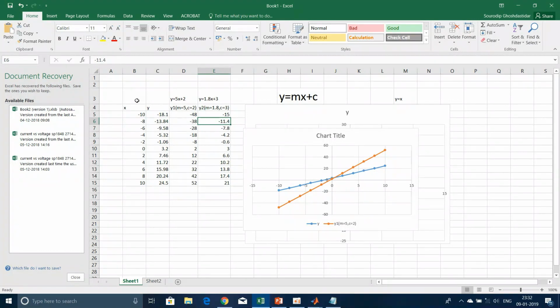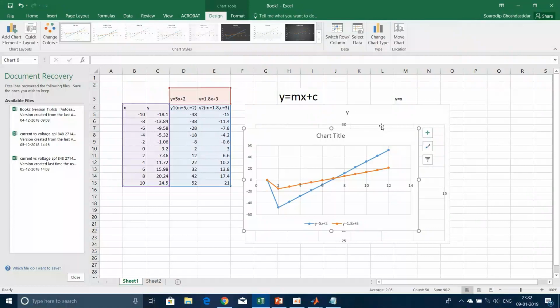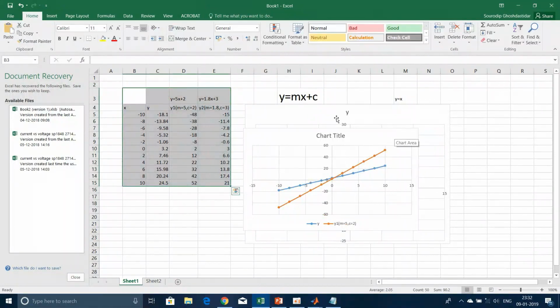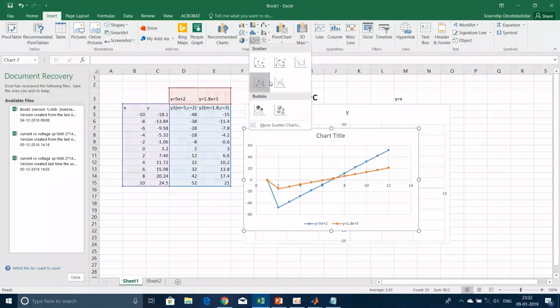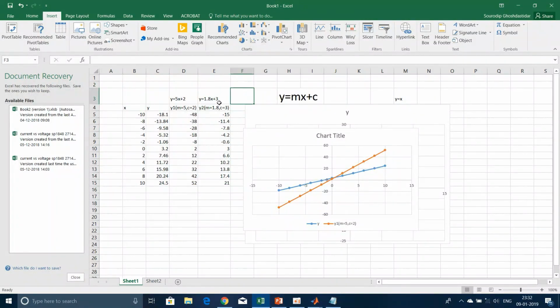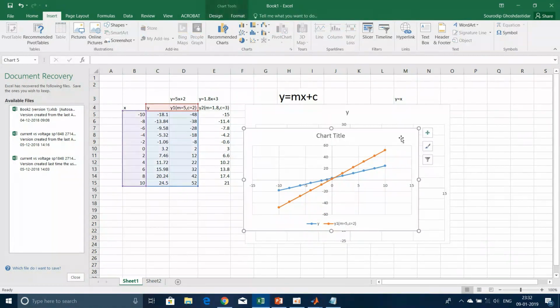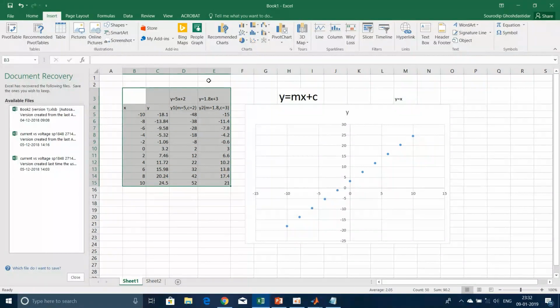So if we plot all of these together, we would get, there's some error. Okay, so we have to plot this.